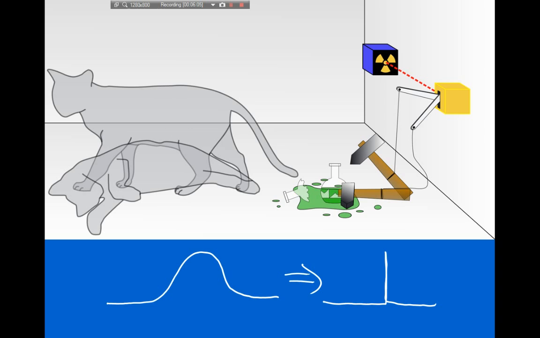And it all comes back to this idea of decoherence. And we can show that basically if you have a very large system with a very large number of particles, it will decohere very, very quickly. And if you have just a few particles, then the decoherence times are very long.